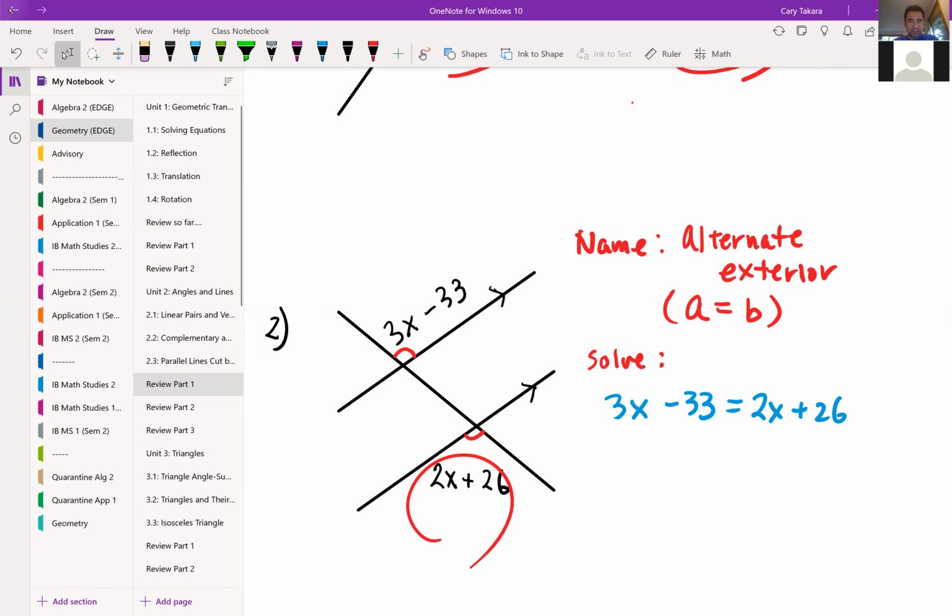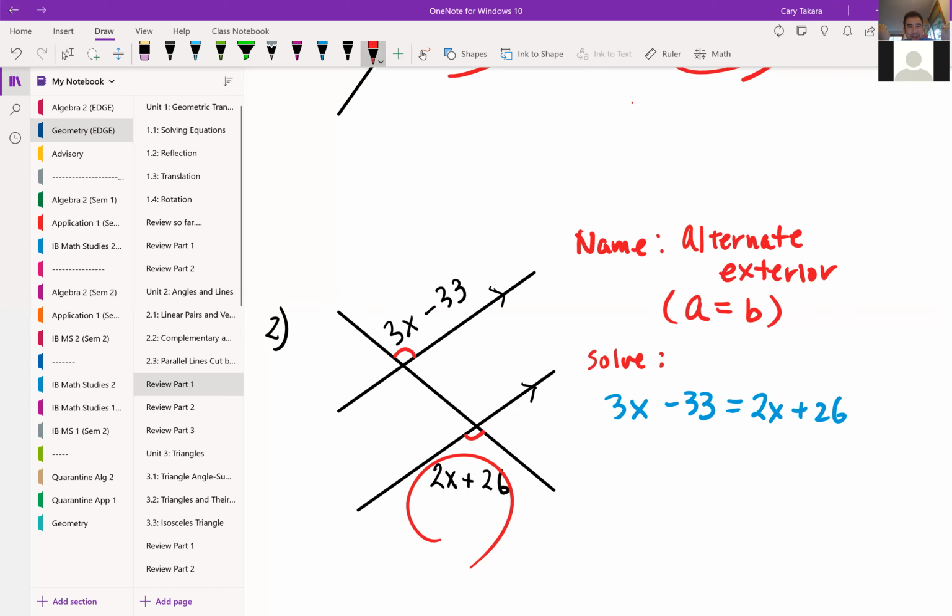Is everybody doing okay? Nice job, Logan. Anybody else? We've got 3x on the left side of the equal sign, 2x on the right side. You can't have x's on both sides of an equal sign, so you have to get rid of one of them.